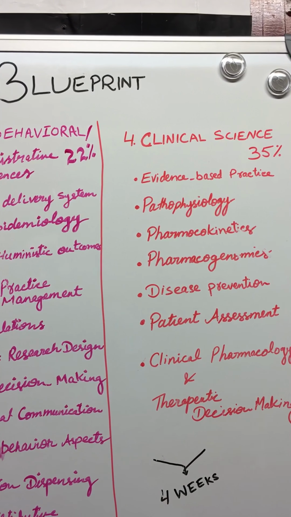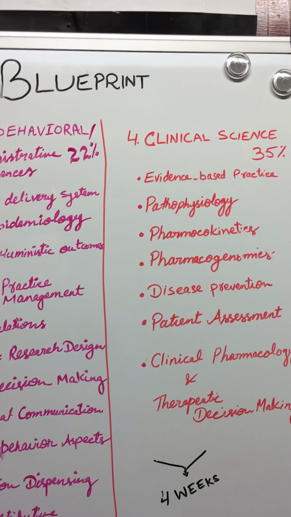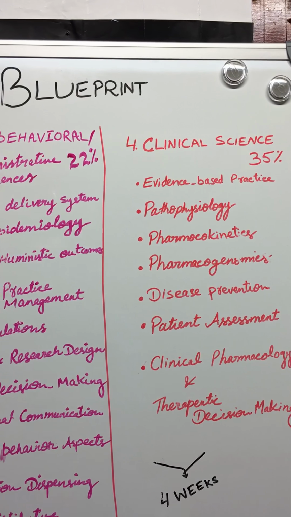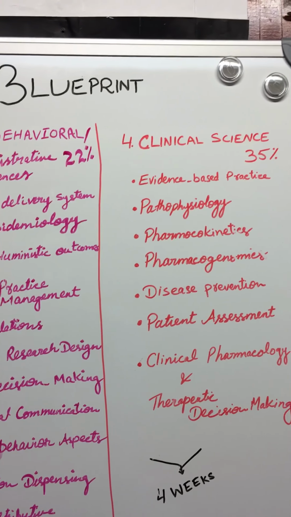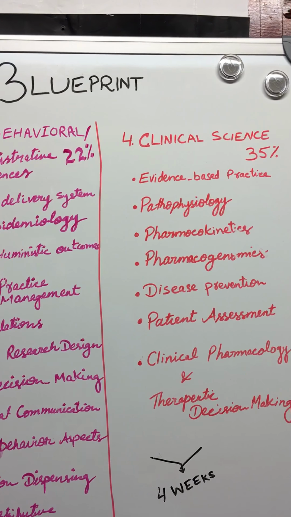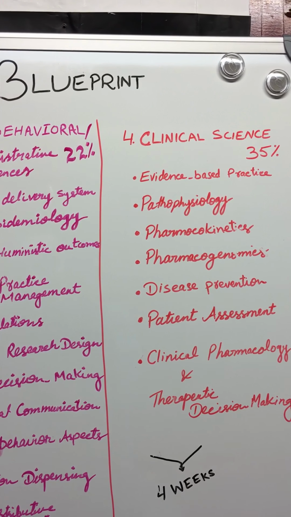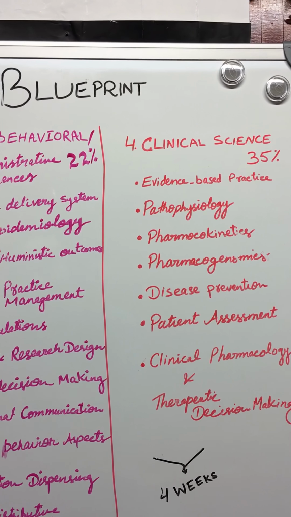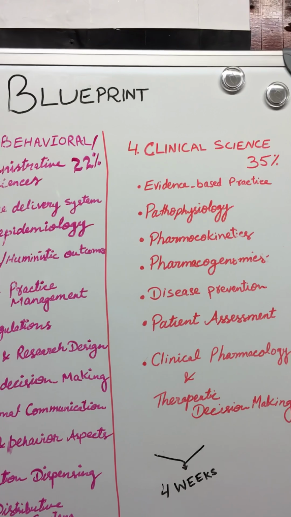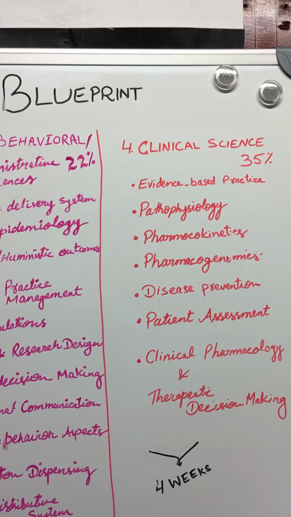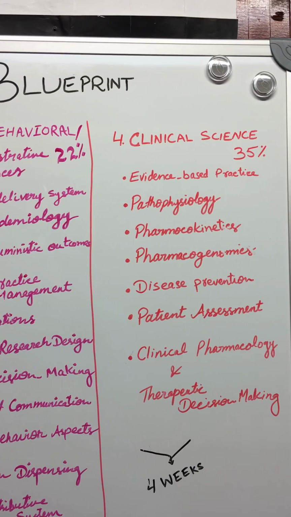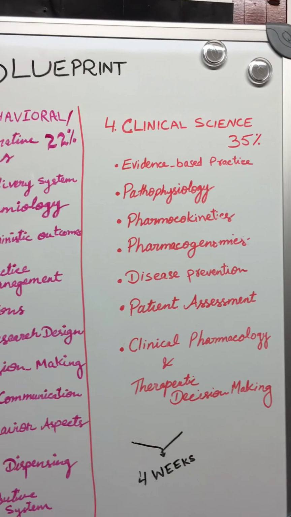I say it again and again, please review everything you study, because if you don't review, you can skip and you might not remember when the exam day comes. So keep reviewing, keep doing practice questions while you are studying, while you're reading these sections. Clinical sciences is not only important for FPGEE, it is going to help you in your next exams, NAPLEX and MPJE, and of course when you're practicing as a pharmacist, this area would define you.